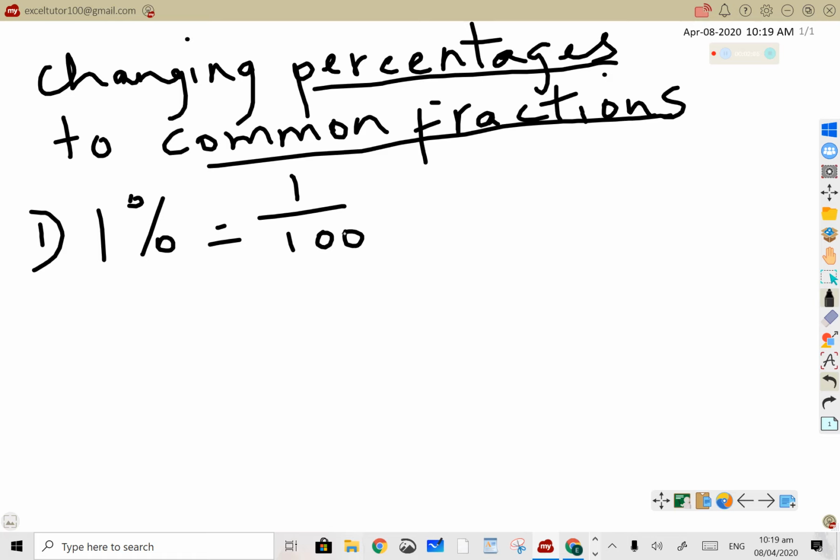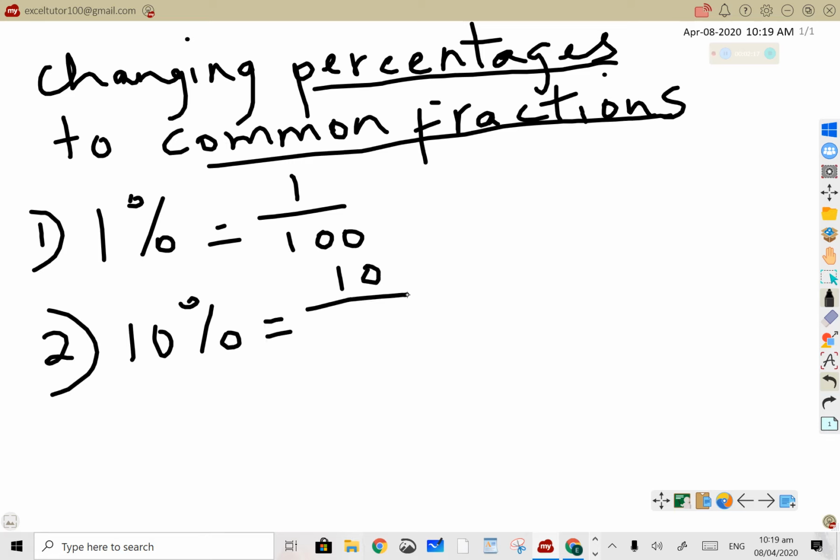However, if we look at another example to change 10% to a common fraction, we put the 10 over 100, but we can reduce it. Now this is the part where you can learn to use your zeros to reduce. Okay, so therefore we have 1 over 10 is our final conversion.